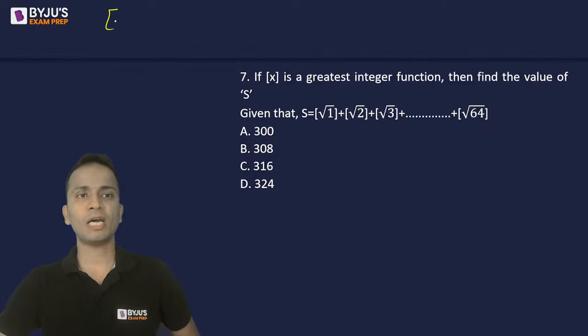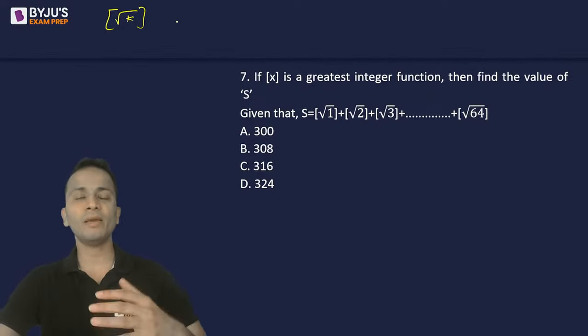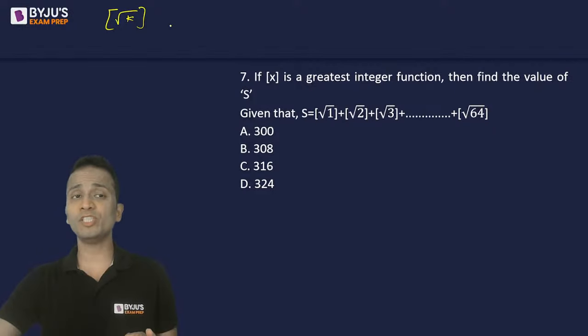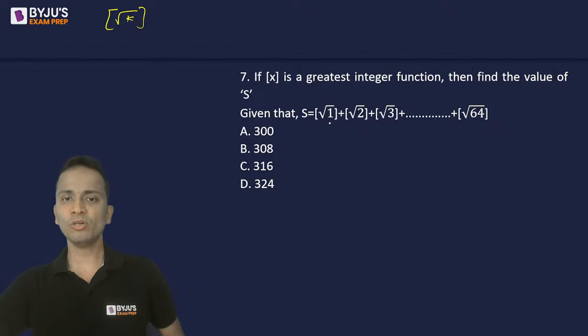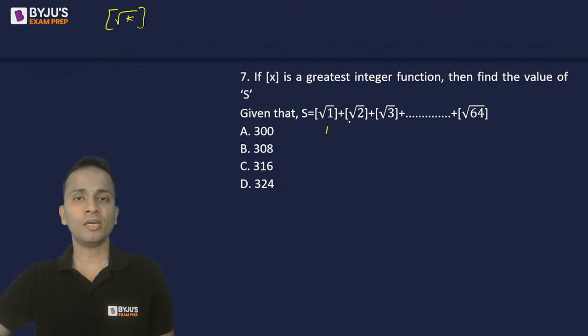Now, this particular greatest integer function of under root of k will change its value if under root k is an integer. That means it will change its value at perfect squares. So the value of root 1 will be 1. The value of root 2 is 1 point something. Greatest integer function of that number will be 1.